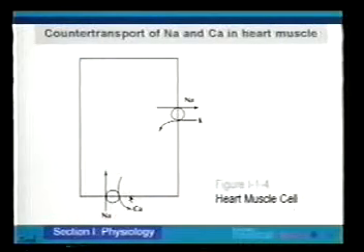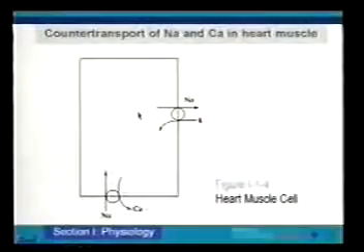Now, a perfect example where this process slows down is when you give digitalis. If you give digitalis, this drug specifically slows down the sodium-potassium pump. If you slow down the sodium-potassium pump, the intracellular sodium concentration increases.